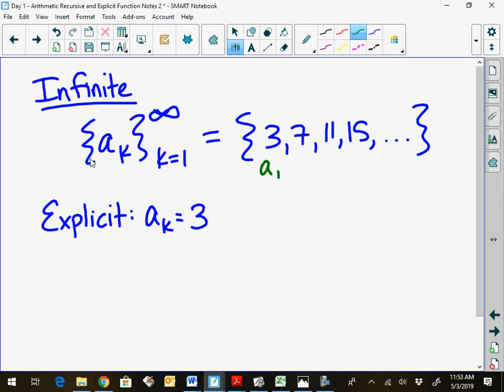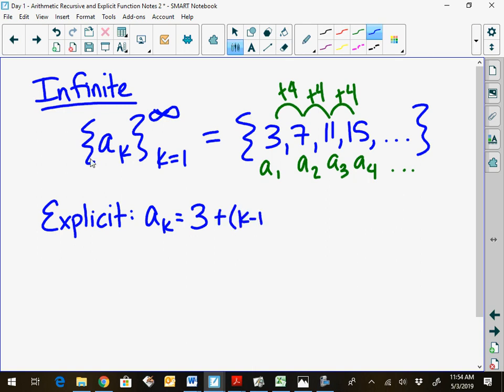This is a sub 1, a sub 2, a sub 3, a sub 4, and it keeps going. And then what's my common difference here? Well, what do I do to get from one to the next? I'm adding 4 here, I add 4 here, add 4 here. So I have 3 plus k minus 1 times 4.